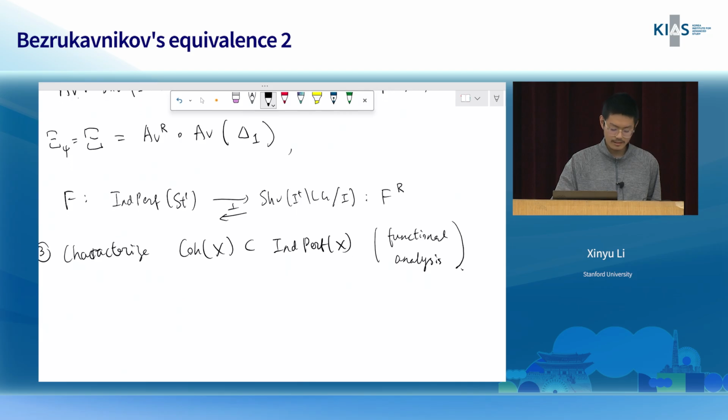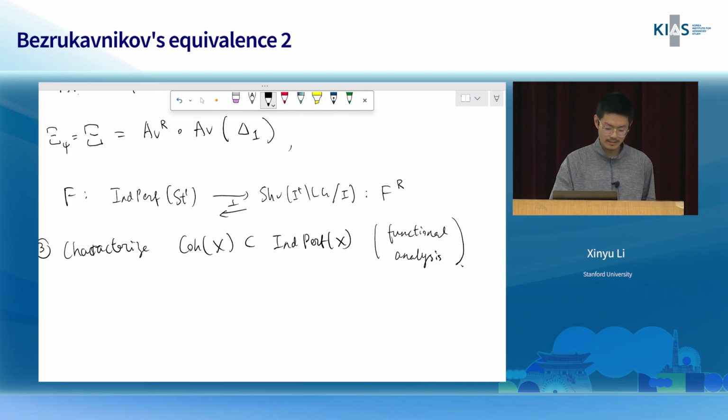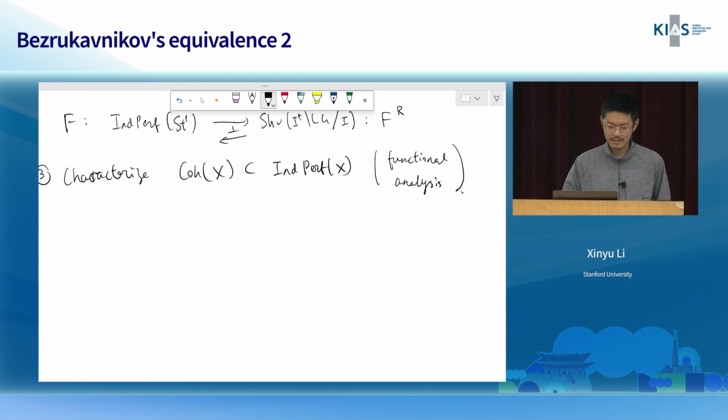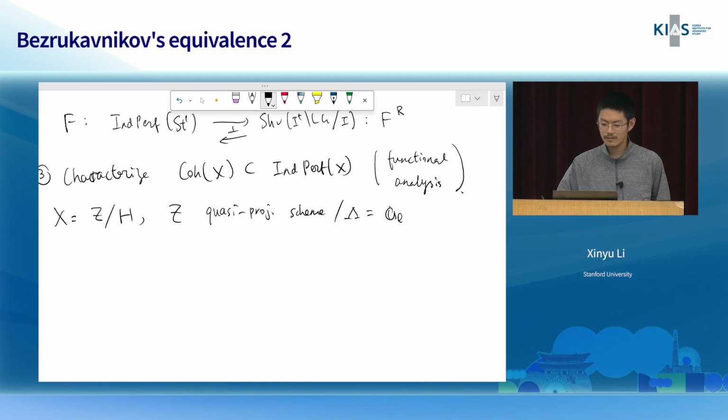Okay, so we are in a very general situation. Say X is of the form Z mod H, where Z is a quasi-projective scheme over lambda, that is some algebraically closed field of characteristic 0, and H is a reductive group over lambda.